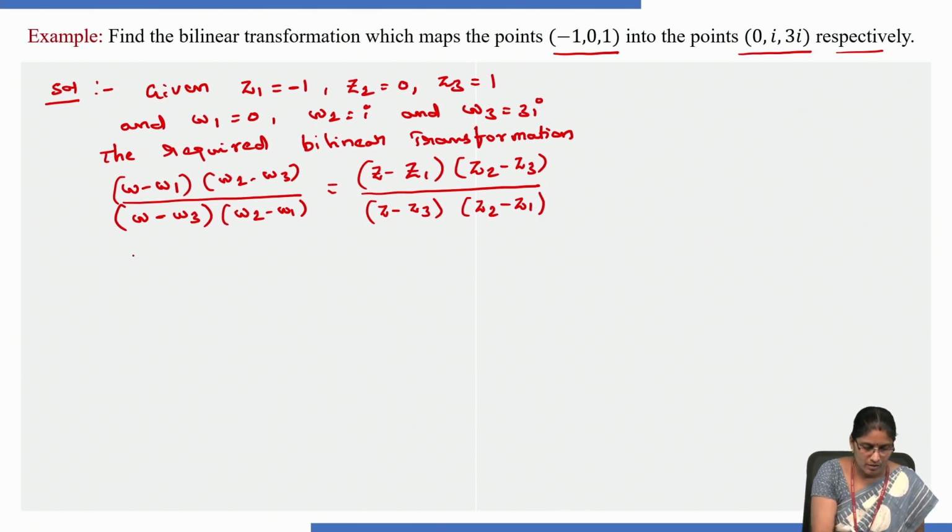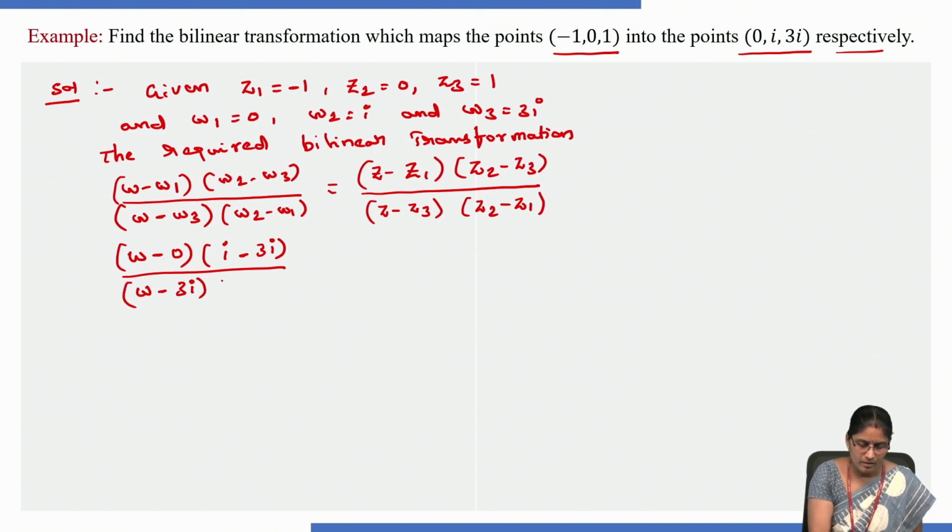Substitute the values here. w minus w1 is w minus 0, w2 i minus w3 is 3i, by w minus 3i, into w2 i minus w1 0, which is equal to z minus z1. Z1 is minus 1, so minus of minus 1 we get plus 1 here.